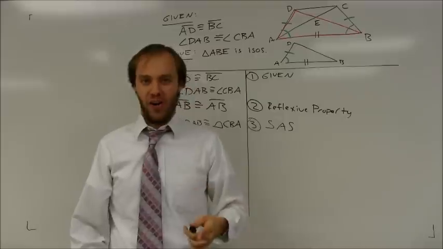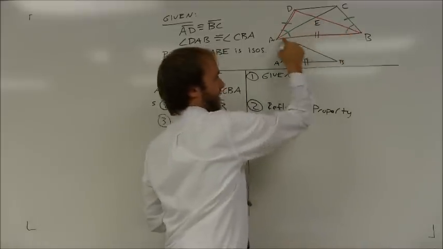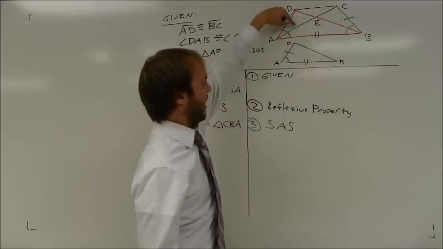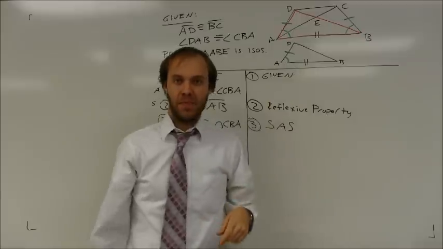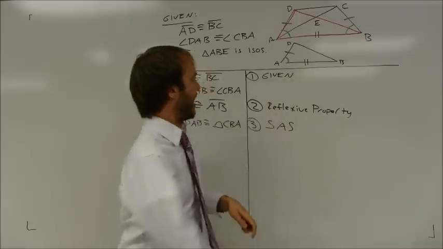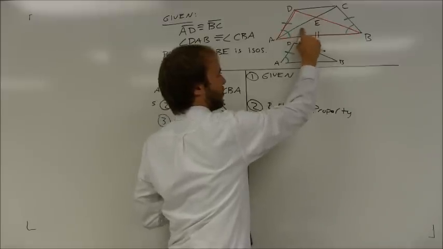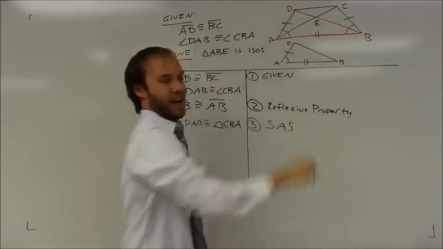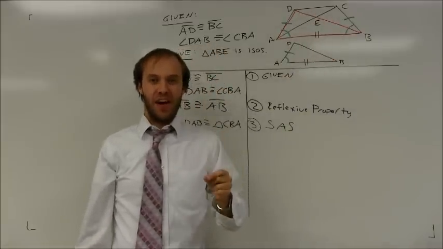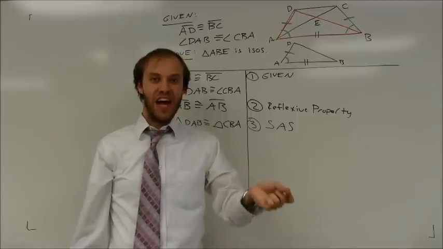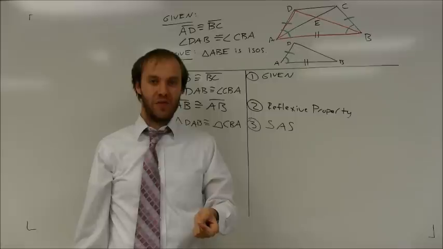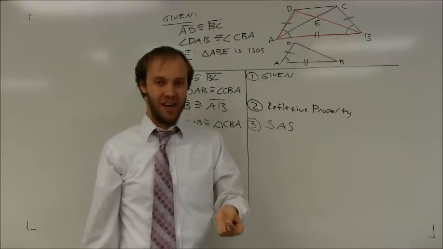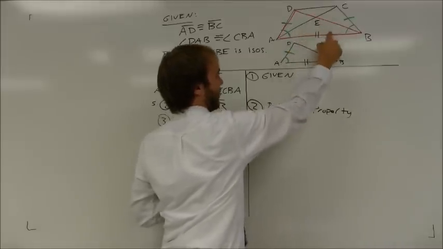The last part, I have to prove that this triangle is isosceles. Either I have to prove AE congruent to EB, but if you notice, AE, not a full side of this triangle, EB, not a full side of that triangle. I need to look at those triangles, I need to find sides or angles of my congruent triangles that are complete sides or angles of this triangle right here.